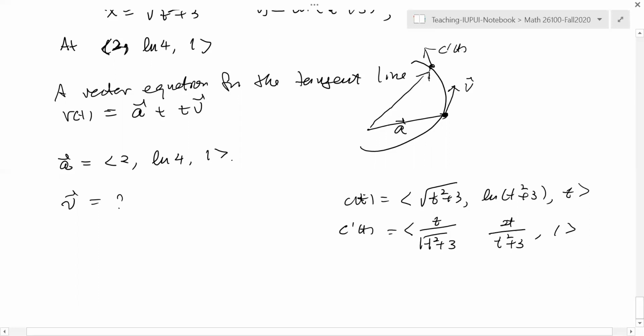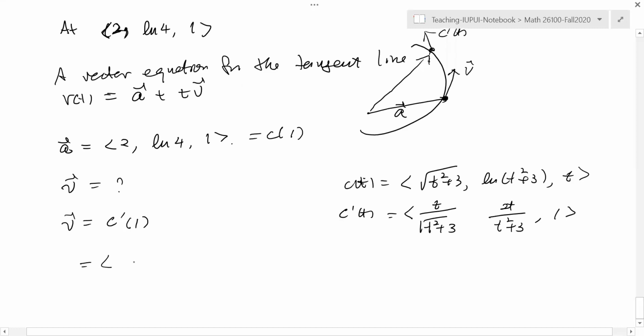So here, what is V? V is going to be c prime at the point. We have to figure out for what t this is c of some number t. When I look at the picture, I think it should be c of 1, because when t equals 1, the square root of 4 is 2, and the natural log of 4 matches, and the last component is 1.